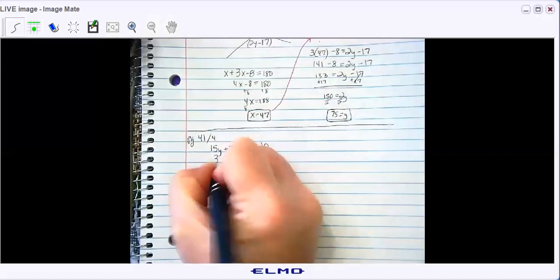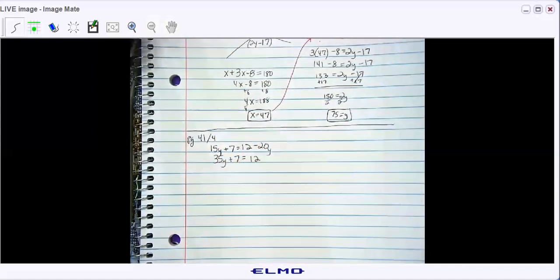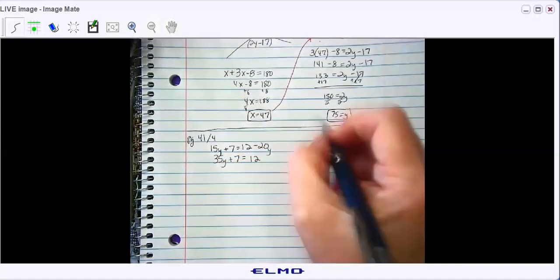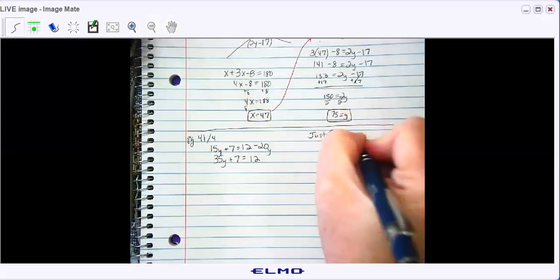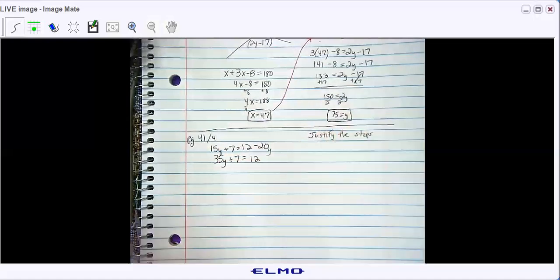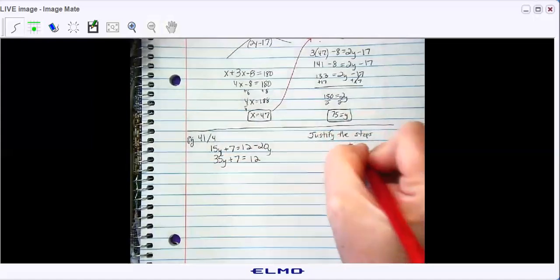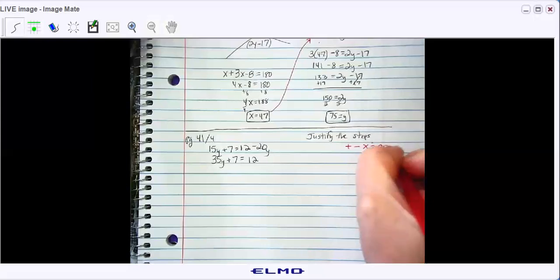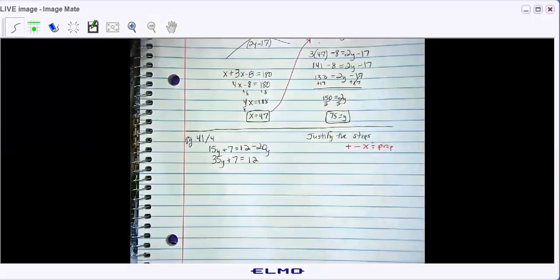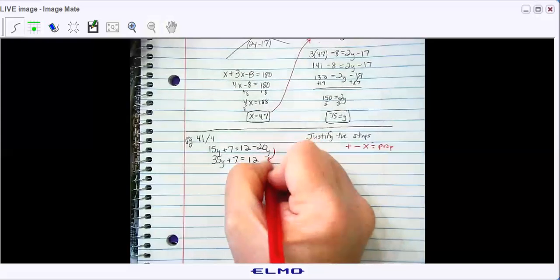So 35y plus 7 equals 12. So when they say justify the steps, all they're wanting to know is, was it addition, subtraction, multiplication, or division property? That was it. So looking at the first line, we can ask ourselves, what's missing to get to the second line?